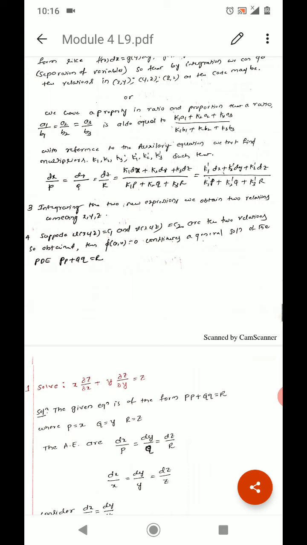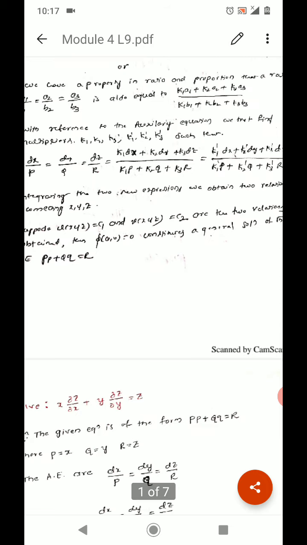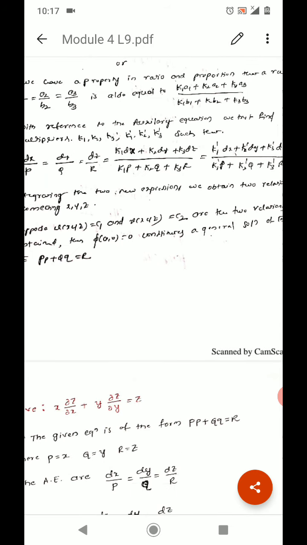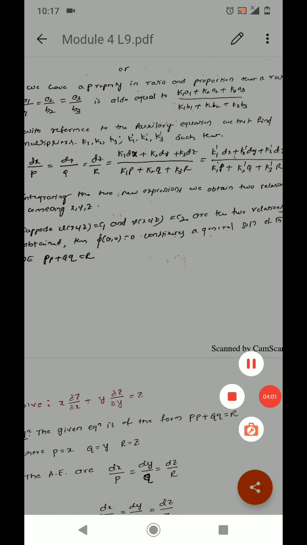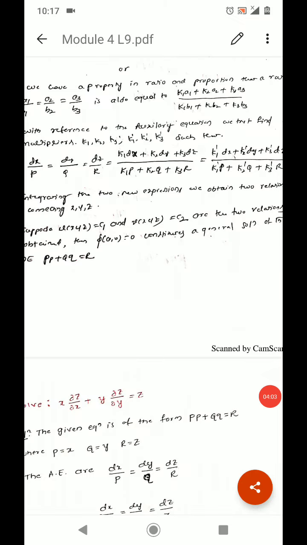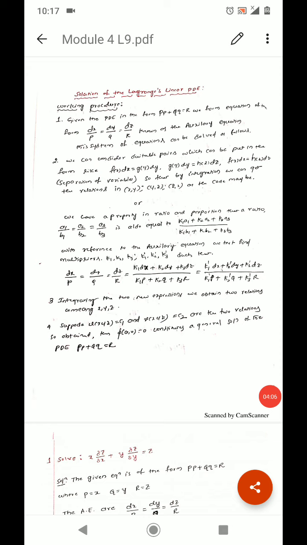Then phi of u comma v is equal to 0 is a general solution of the partial differential equation Pp plus Qq is equal to R.